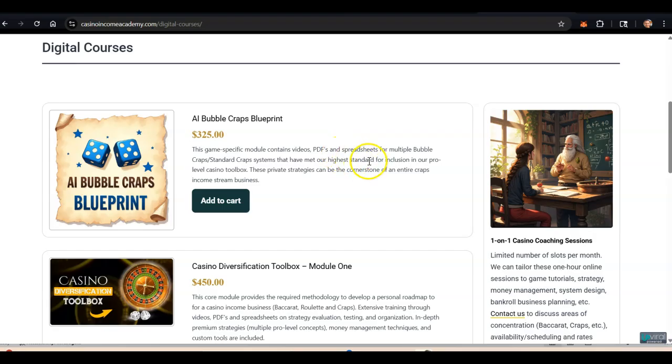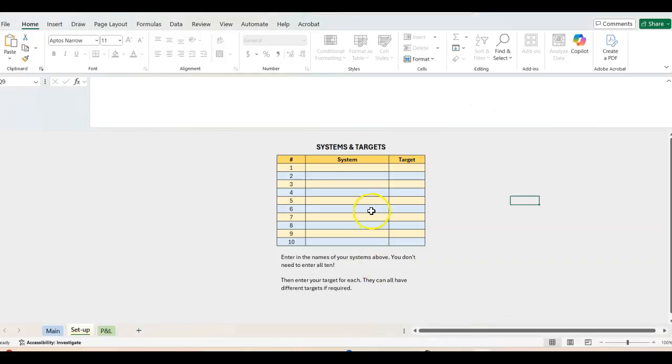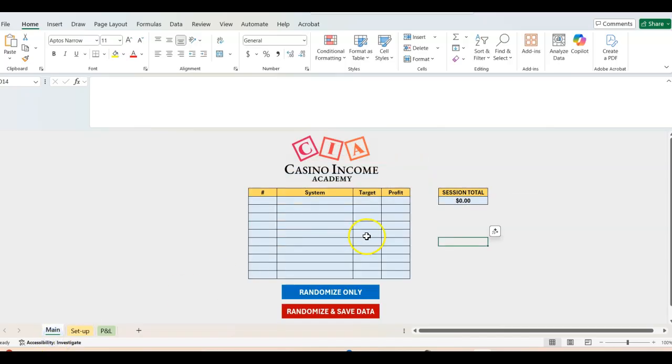All right, so the bonus, whether you buy this or both, you're going to get something that we've been working on, and this is really amazing. It's called Casino Income Academy's System Randomizer Utility, SRU, and this is a custom-built thing.